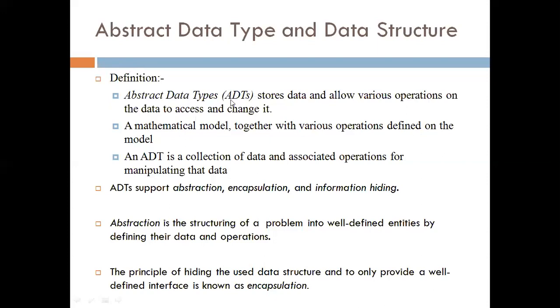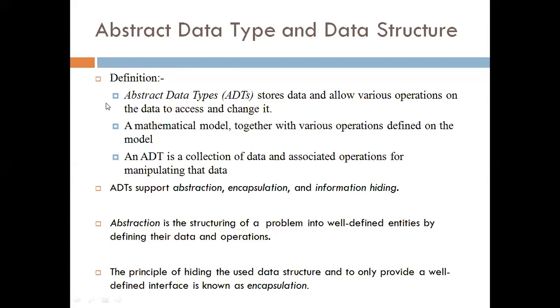So conceptually, we can say abstract data type stores data and allows various operations on the data. And by these operations, these data can be accessed and can be changed.